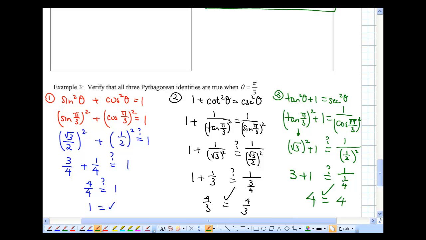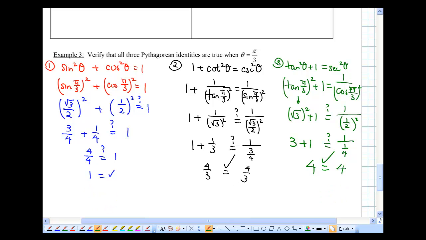It works too. Whew. See you next section.